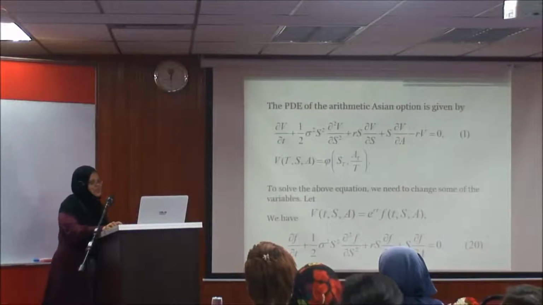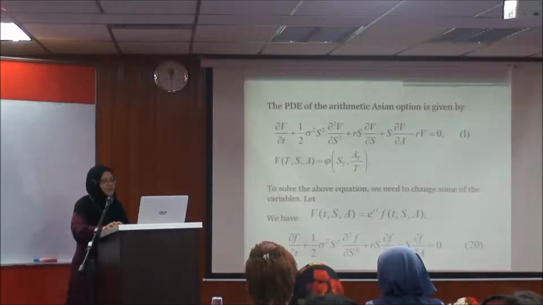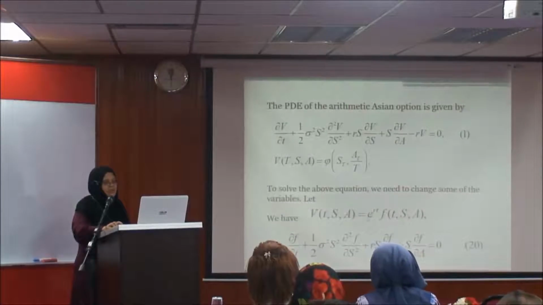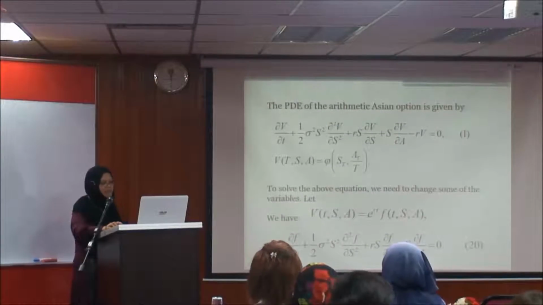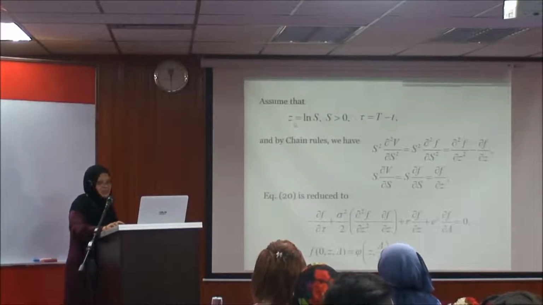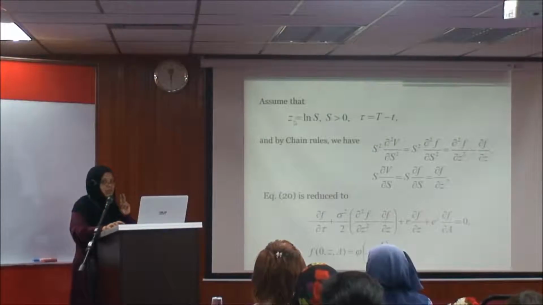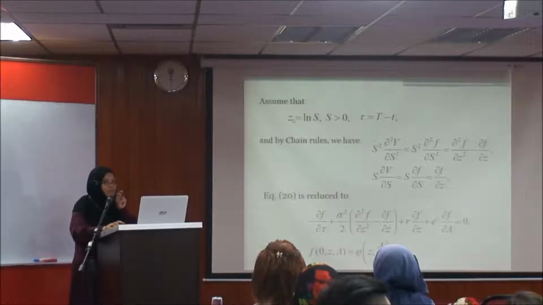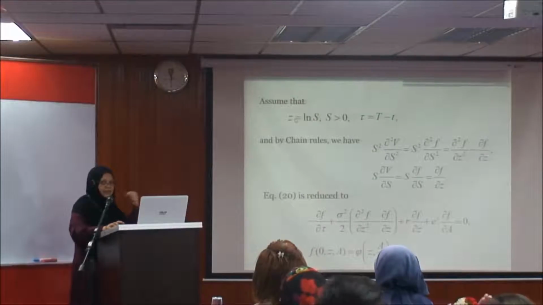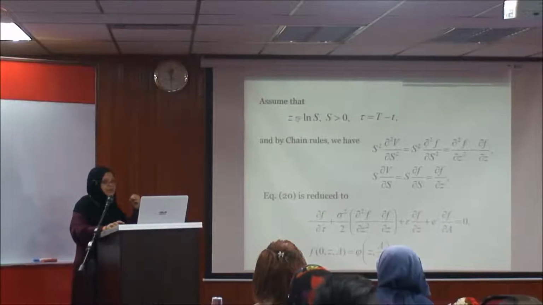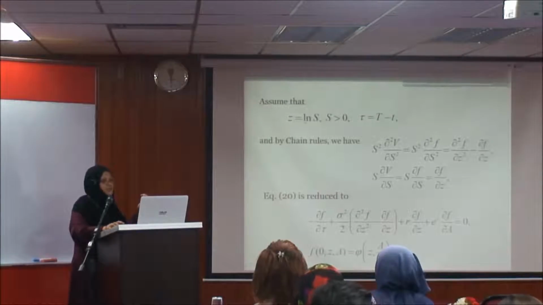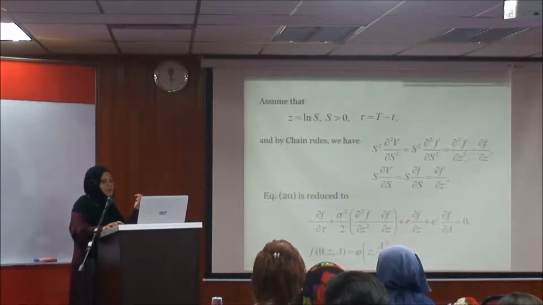So we have equation 20, after we substitute this exponent RT of f. And again, remember that we are going for the Fourier transform, so I have to deal with a few changes. Let's say z equals ln s, and by chain rule, you need this.